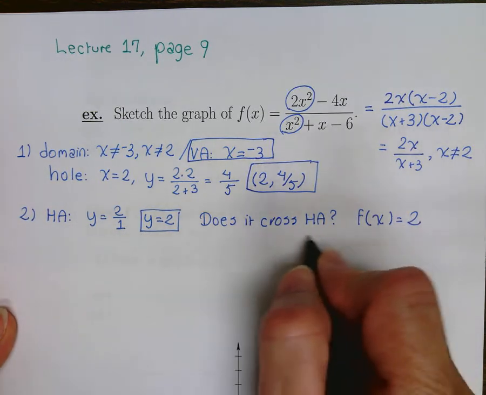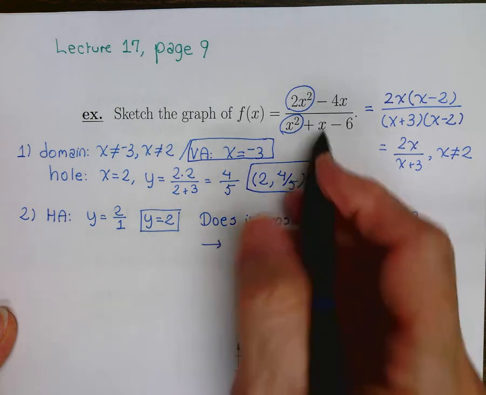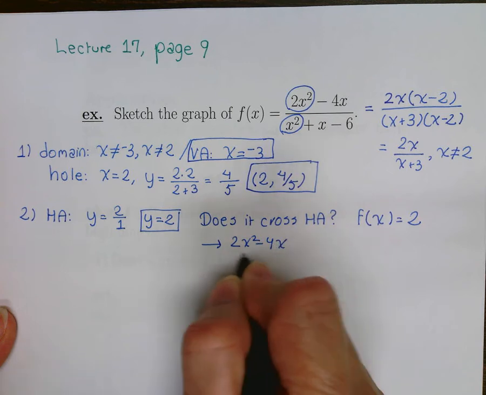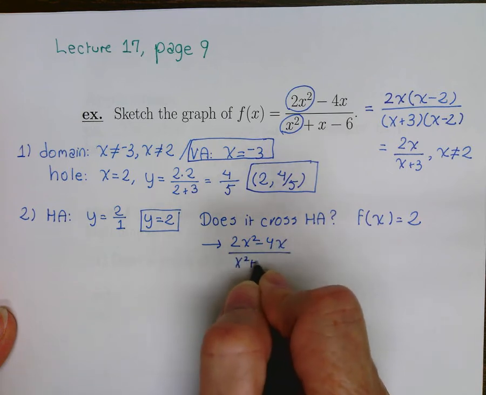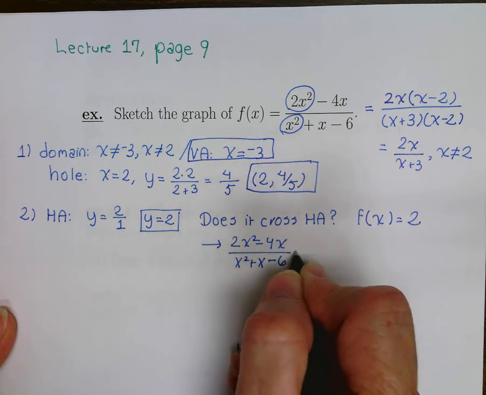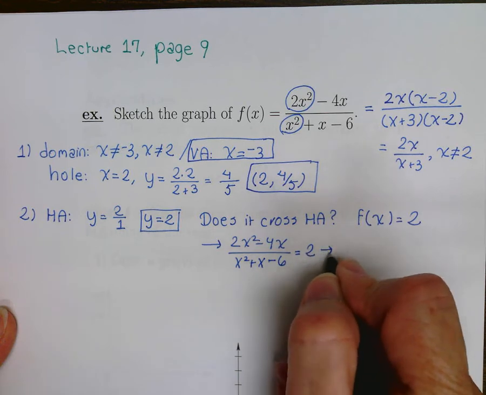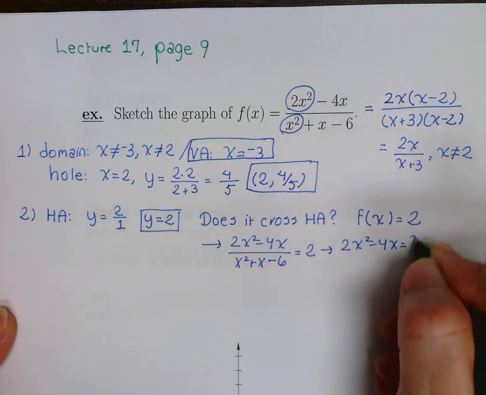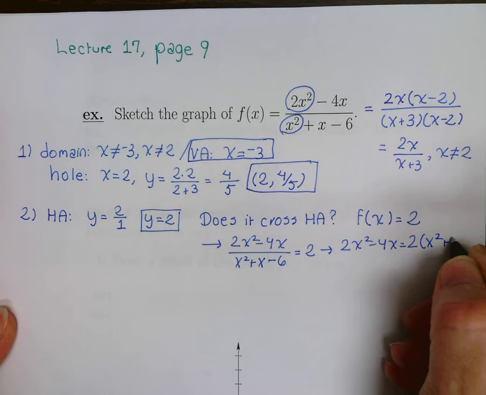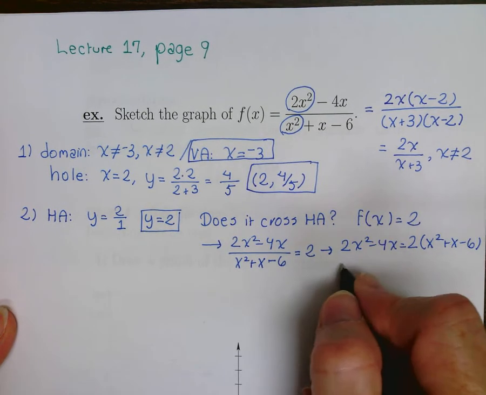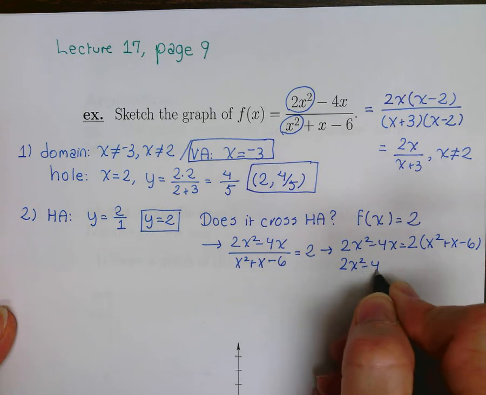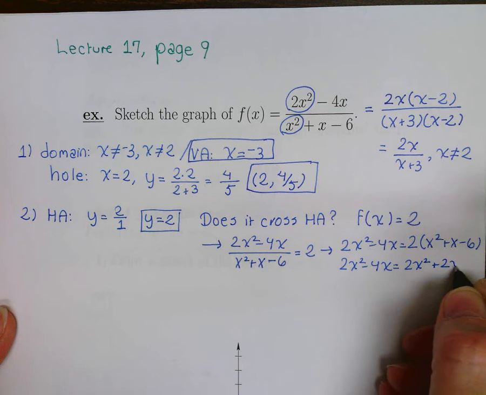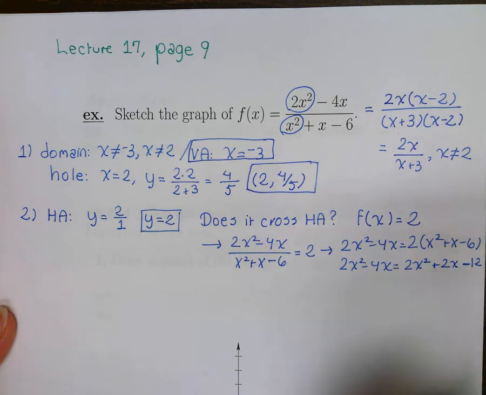That means I'll use the unfactored form, set it equal to 2, and clear of fractions. And we get 2x squared minus 4x equals 2x squared plus 2x minus 12.